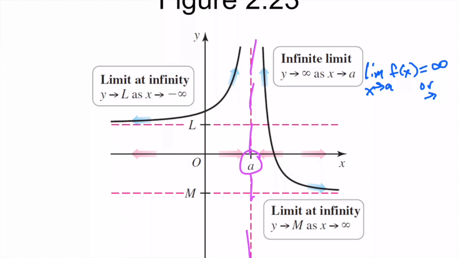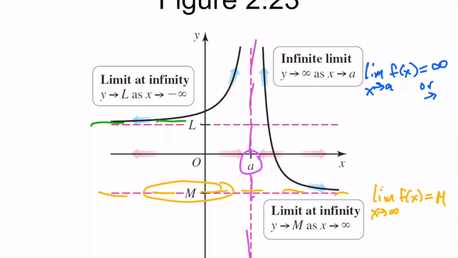Now the other thing is what happens when the x gets very, very large. As I go off towards the right hand side of the picture, the output variable gets very, very close to the value of m, along this dotted line. So the way to write this expression down is the limit as x approaches infinity of f of x equals m.